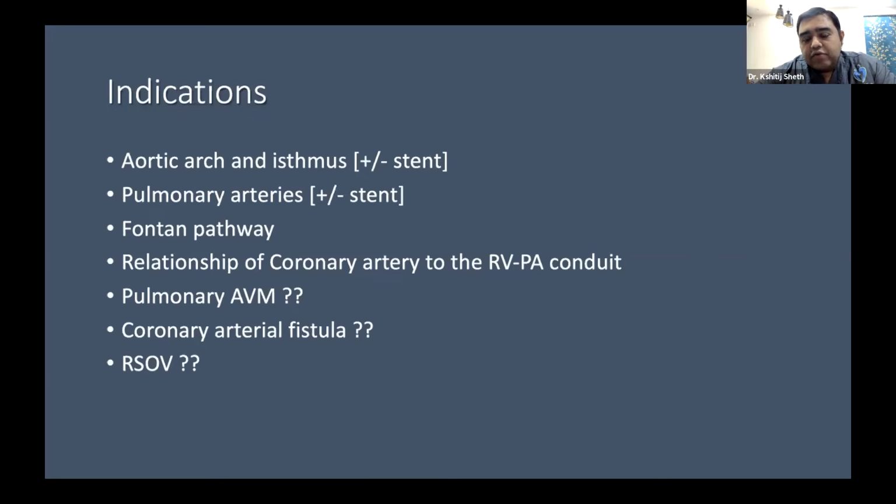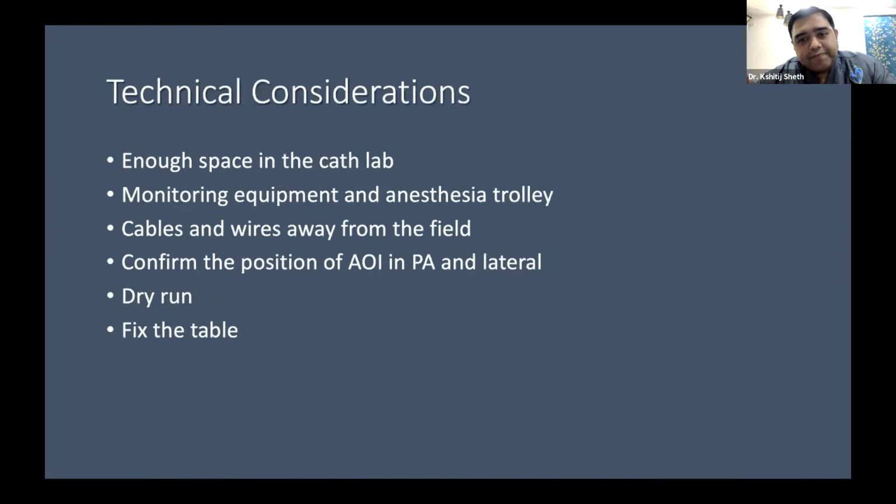Nowadays, we have started doing pulmonary valve implants. There, the interrogation of coronary arteries can be done very well using 3D rotational angiogram. You can see the relationship of the coronary to the conduit after balloon inflation in the conduit. It could be used in pulmonary AV malformation, coronary fistula, RSOV, where I don't have much experience, but this is what I feel it can be used for in these places as well.